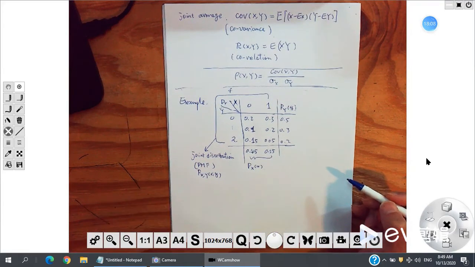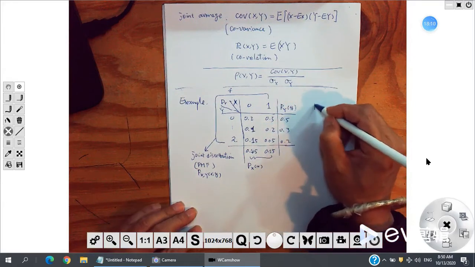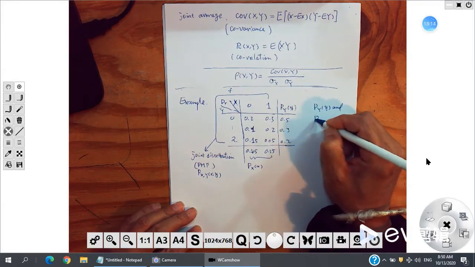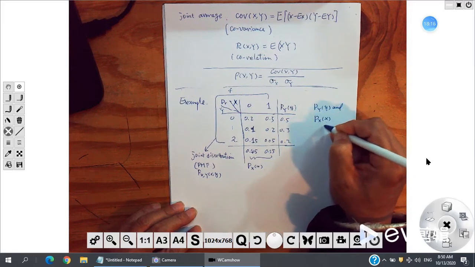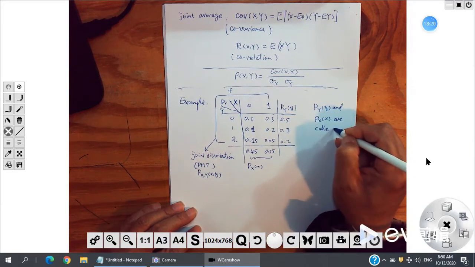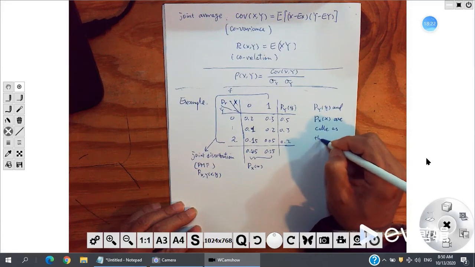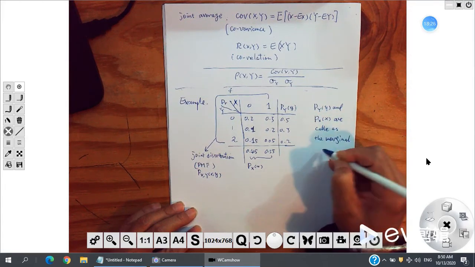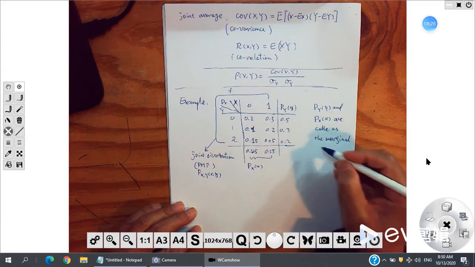And then we have a name. We call these p_Y of y and p_X of x the marginal distribution, marginal PMF.